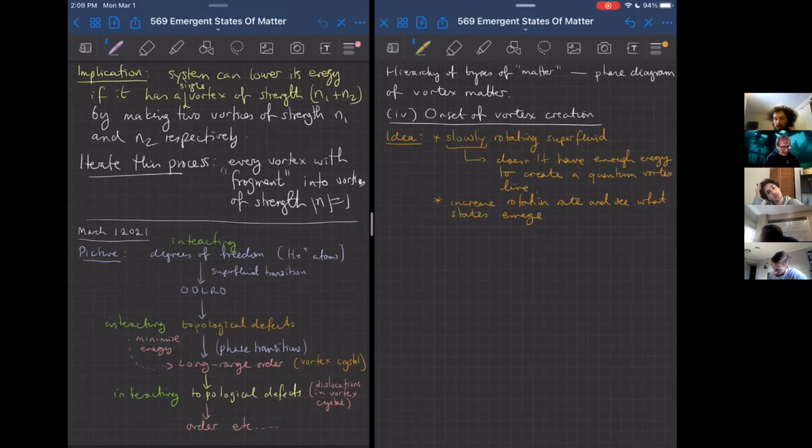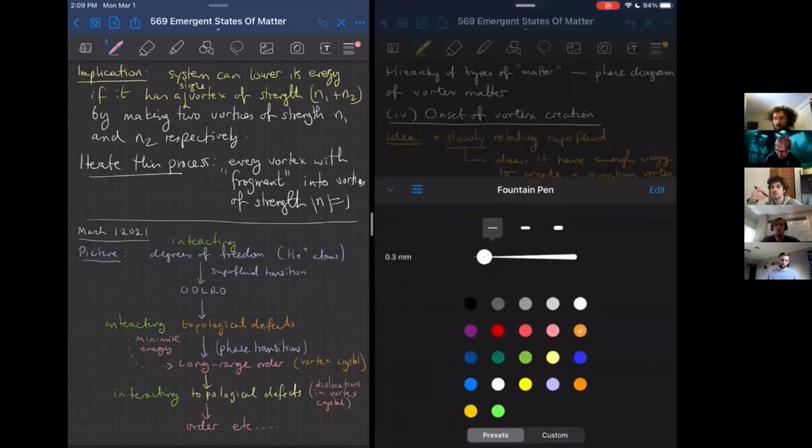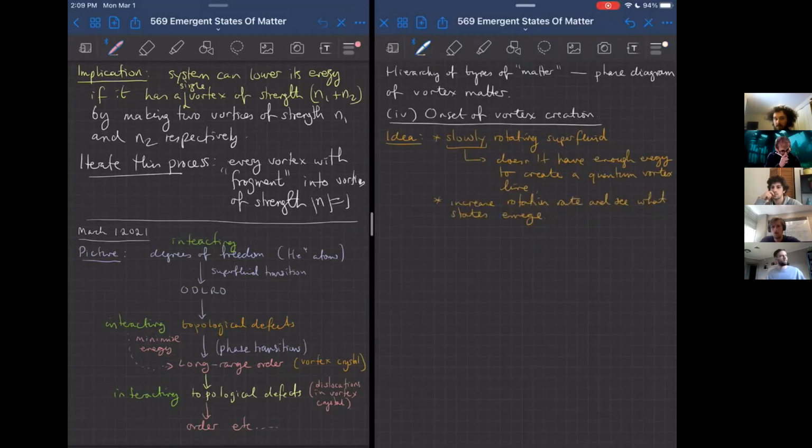So let's calculate the critical angular velocity. So what is our goal? Our goal is to calculate the critical angular velocity where a quantum vortex line first appears.